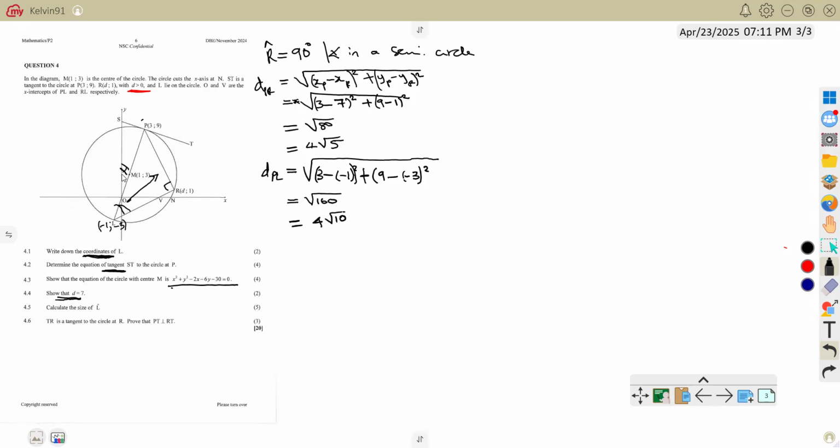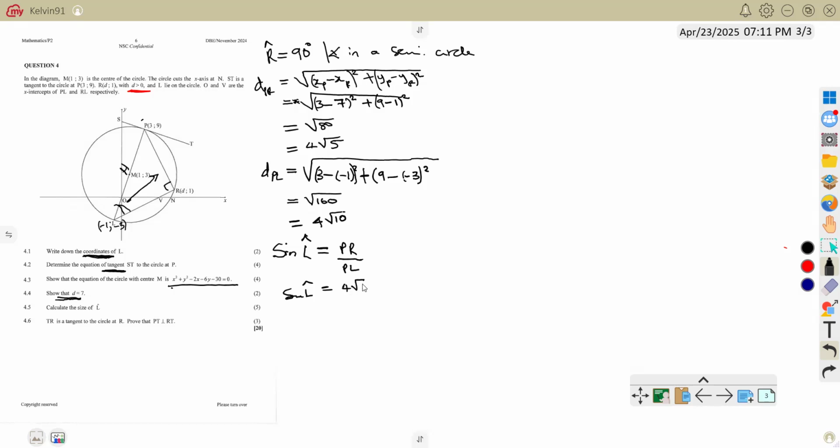Which ratio uses opposite and hypotenuse? So we'll say sine L will be equal to opposite, which is PR, divided by hypotenuse, which is PL.